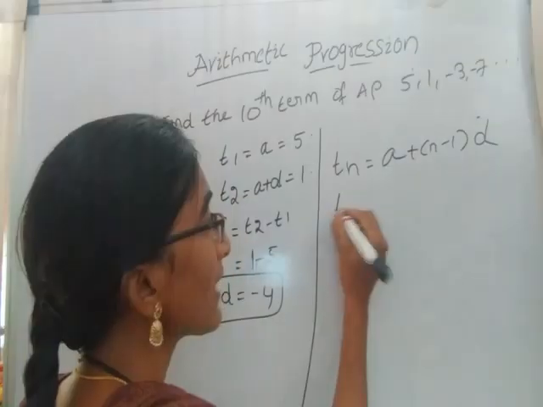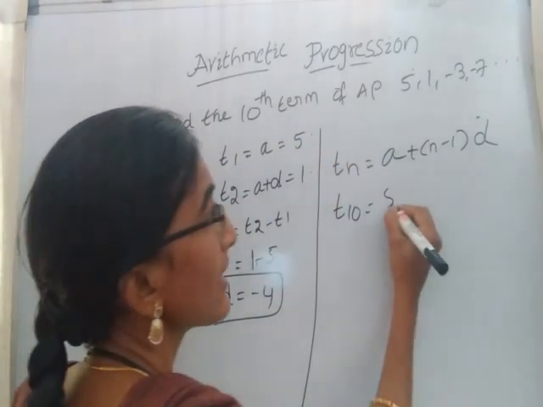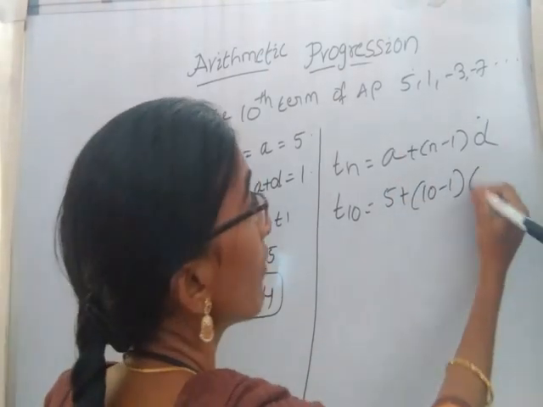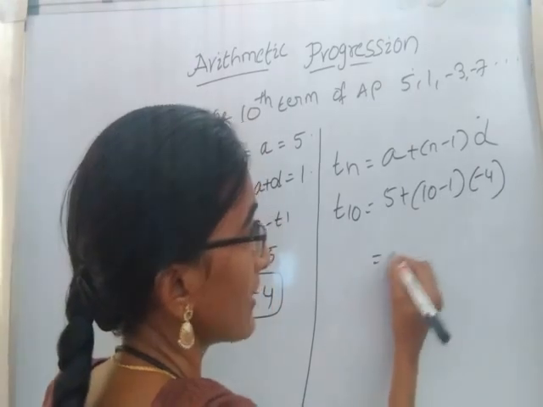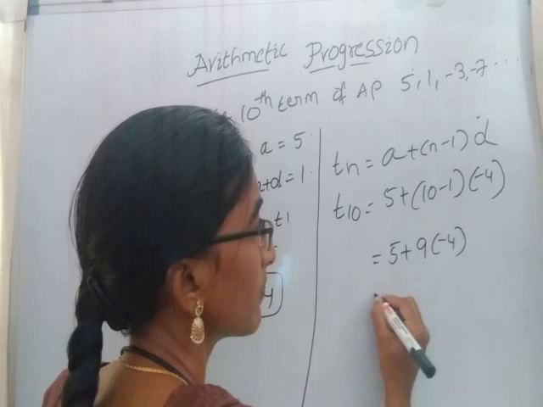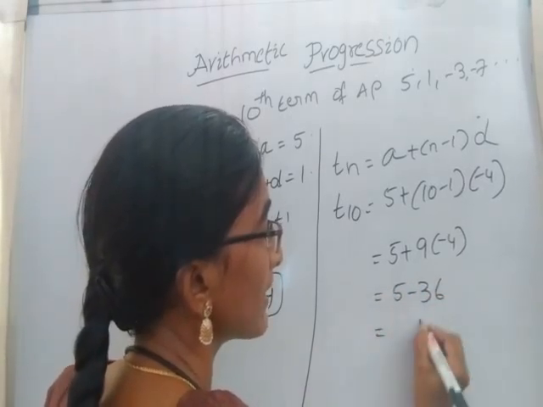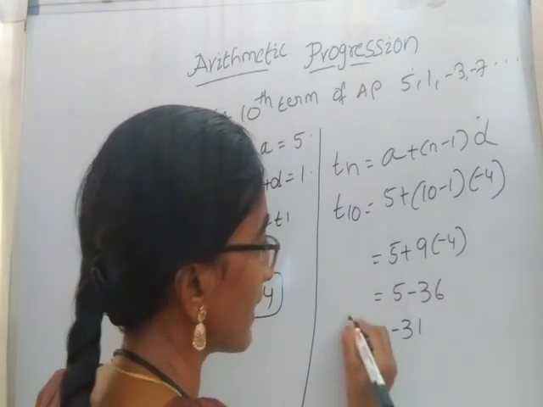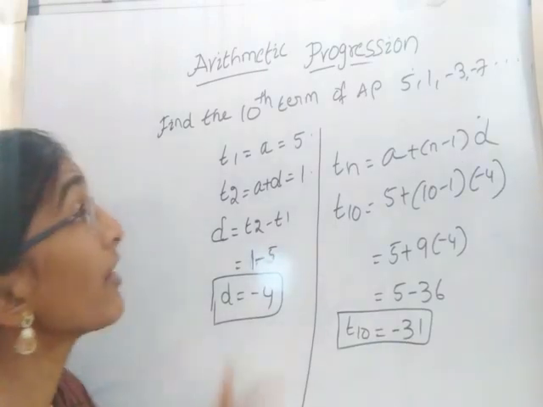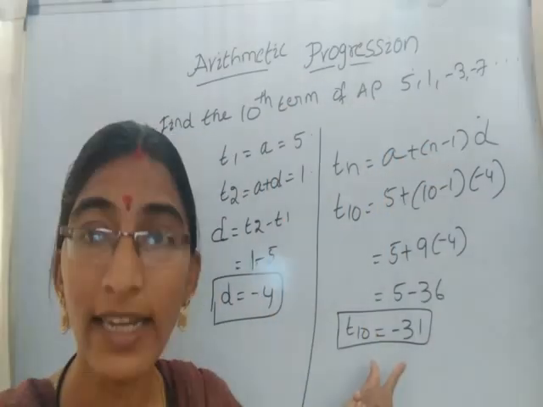Therefore, T10 is equal to 5 plus 10 minus 1 into minus 4, that is equal to 5 plus 9 into minus 4. That is 5 minus 36, so T10 is equal to minus 31. Therefore, the 10th term of this sequence is minus 31.